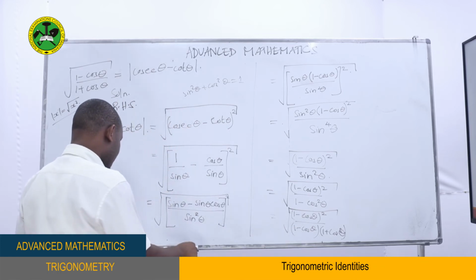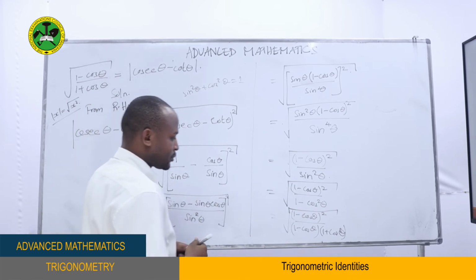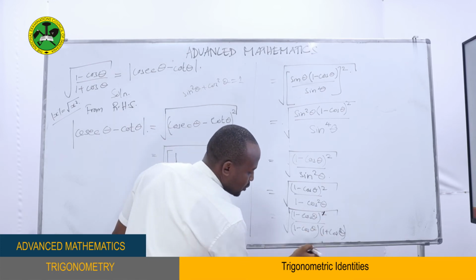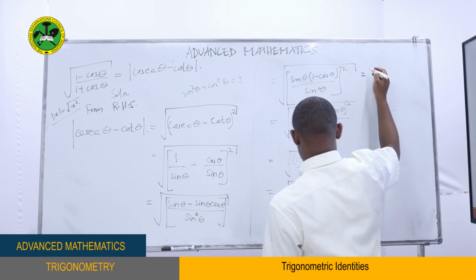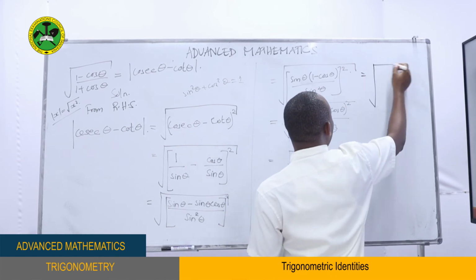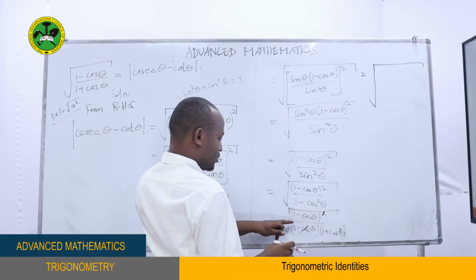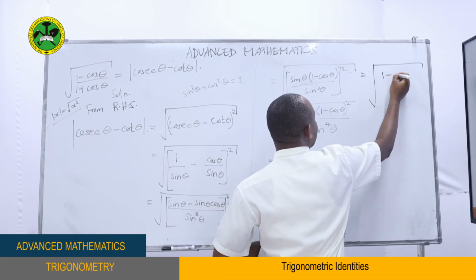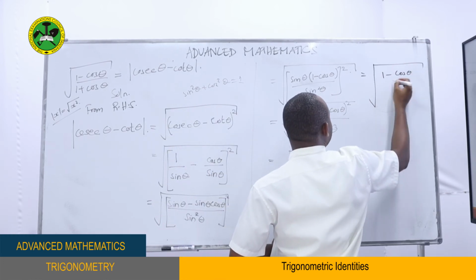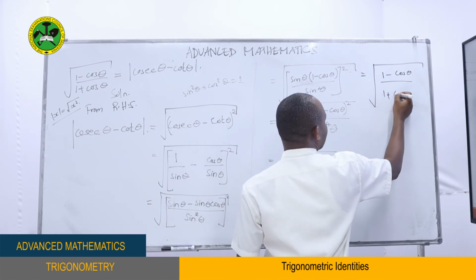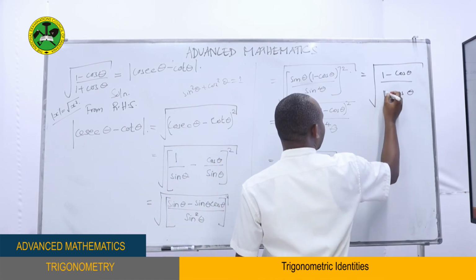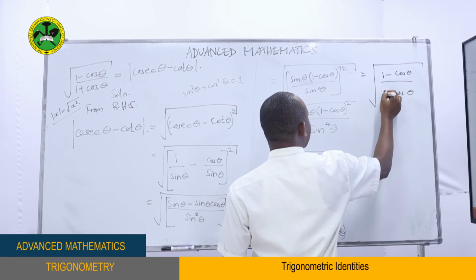If one of them goes, we'll be left with the square root of (1 minus cos theta) over (1 plus cos theta).